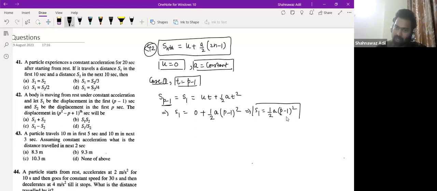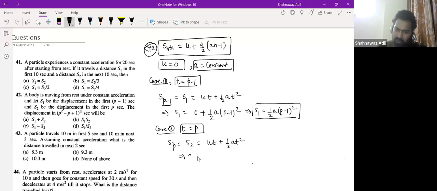Right. Now case second. What is the second case? They are saying that S2 is the displacement in first P seconds. So now time is P seconds. So SP, that would be given as S2, and this is UT plus half AT square again.